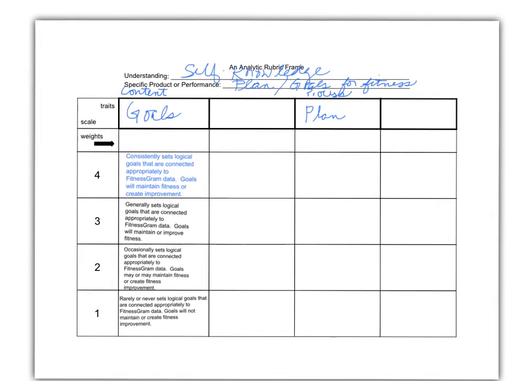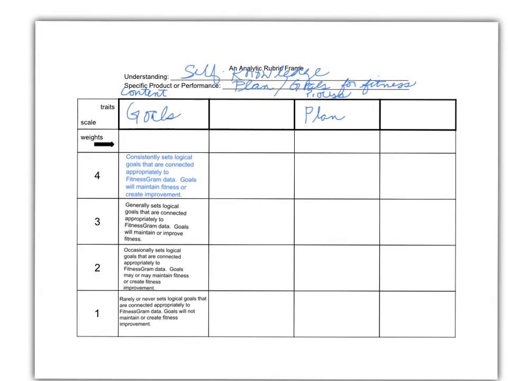Okay, so now I'm ready to go ahead and work through the plan column. In the plan column, I'm thinking about what they're going to be writing about their goals. So they have their chart where they're putting in their prior data, where they think they will be, and then how they are explaining what they're doing here.